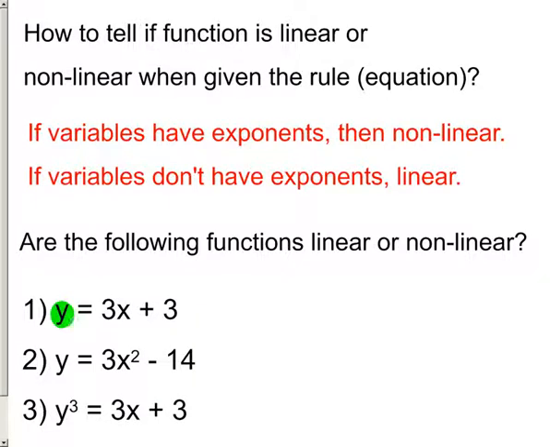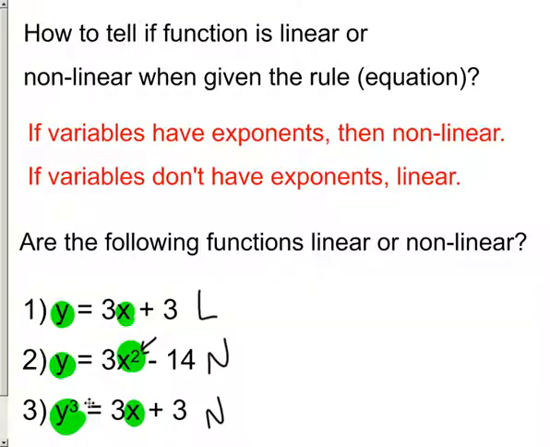I'm looking at my variables, the y and the x. Neither one of these has an exponent, so it's linear. Here's my y, here's my x. This x right here has an exponent, so it's nonlinear. Here's my y, here's my x's. That's all my variables. Because this y has an exponent, I'm going to say it's nonlinear.